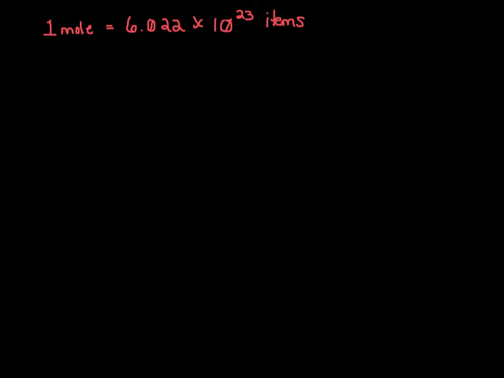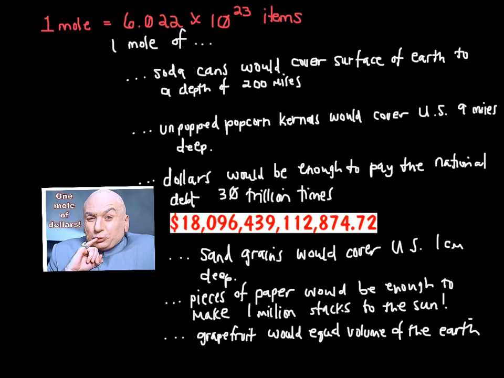All right, so let's put this into a little bit of perspective. We know what a dozen of something would look like. How much would a mole of something look like? Well, if you had a mole of soda cans, it would cover the surface of the earth to a depth of 200 miles. If you had a mole of unpopped popcorn kernels, it would cover the United States 9 miles deep.